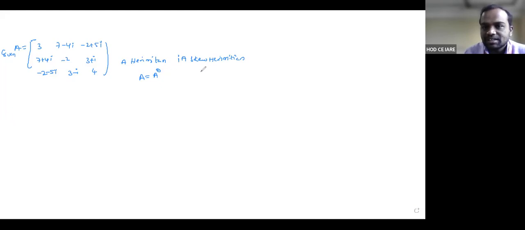Skew Hermitian is when minus A is equal to the conjugate transpose of the matrix.